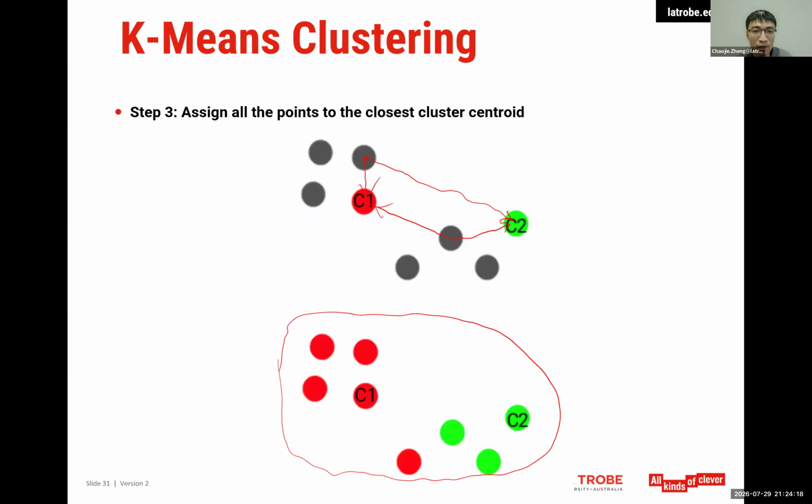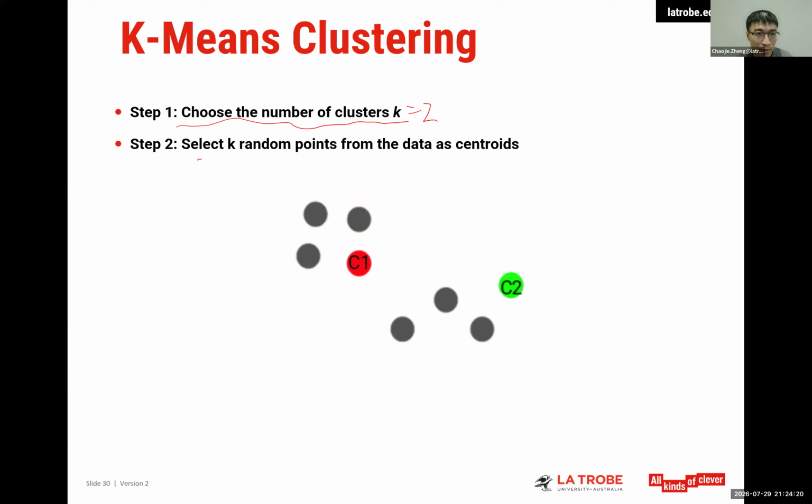Here is another point you need to take care of: these initial locations are set randomly. We just randomly choose some data points as the initial centroids, and sometimes different initialization may result in different clustering results. So we can do a quality check for the clustering result.